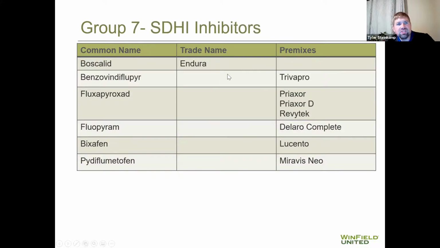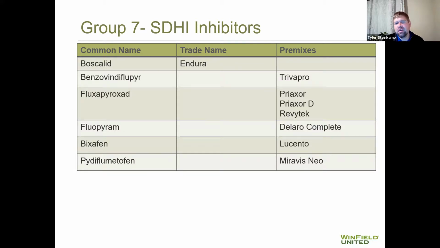Okay, our group 7s, this would be our SDHI inhibitors here. Very few of these are brought out as individual products. The one exception is going to be Endura. And Endura, again, is that one that actually probably has the best white mold control on the market.